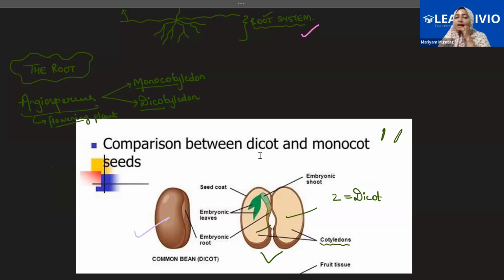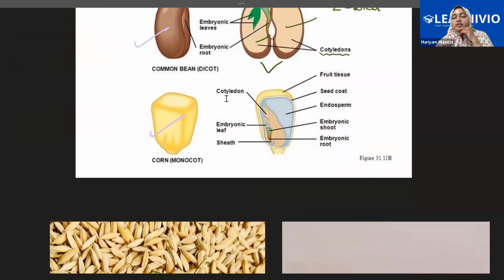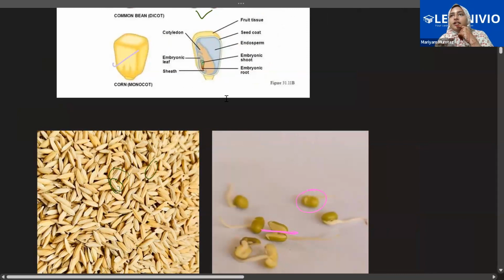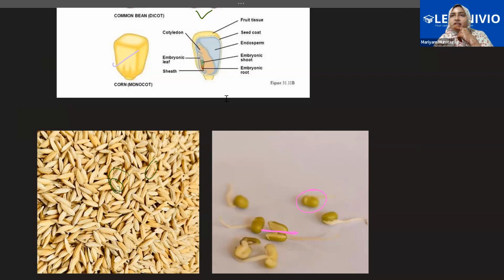For example, if one cotyledon is there and you can't split the seed, then that is a monocot. And if you can split the seed into two, then that is a dicot, meaning two cotyledons are there. So in this particular chapter, we're going to see the external study, meaning the morphology, according to monocot and dicot, both.